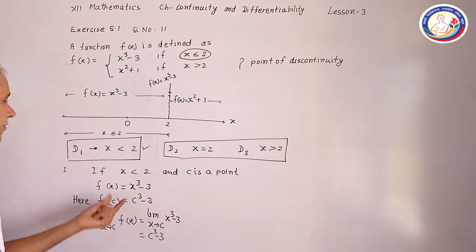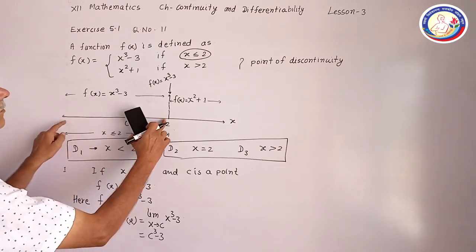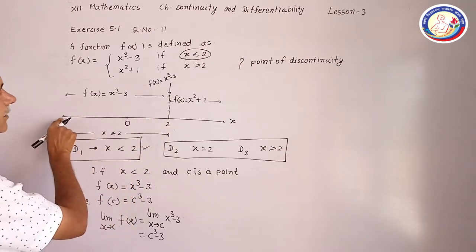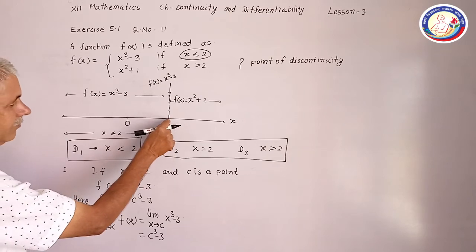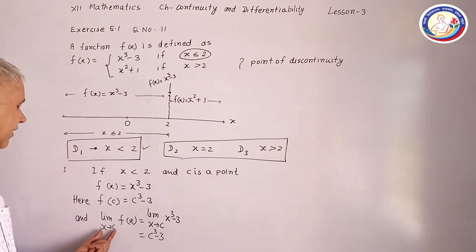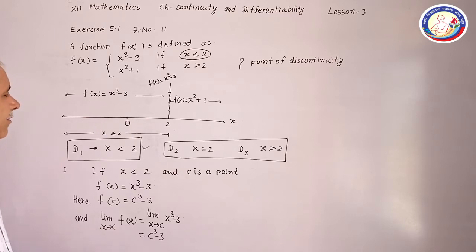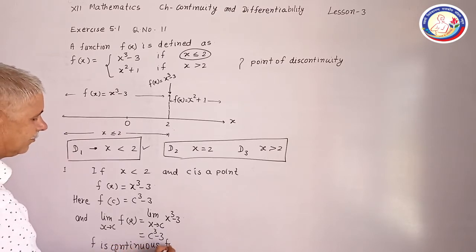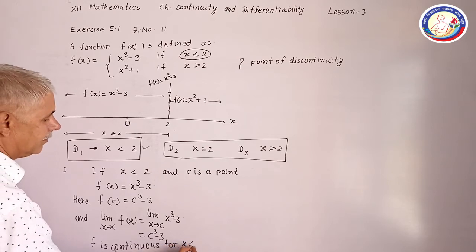So the value of the function for this interval from minus infinity to the value less than 2 is equal to the limit at any point in this region. It means f is continuous for x less than 2.